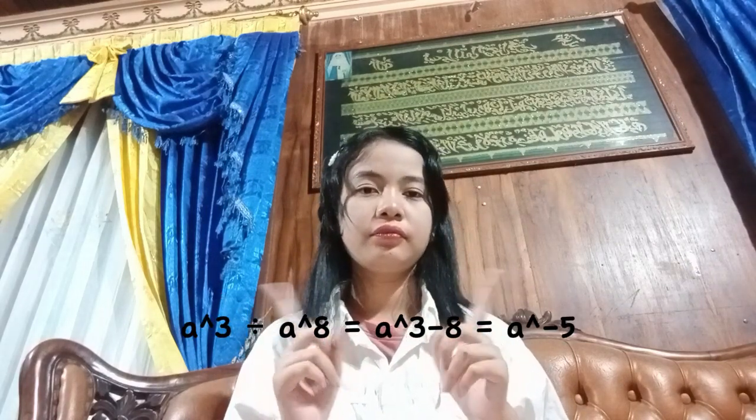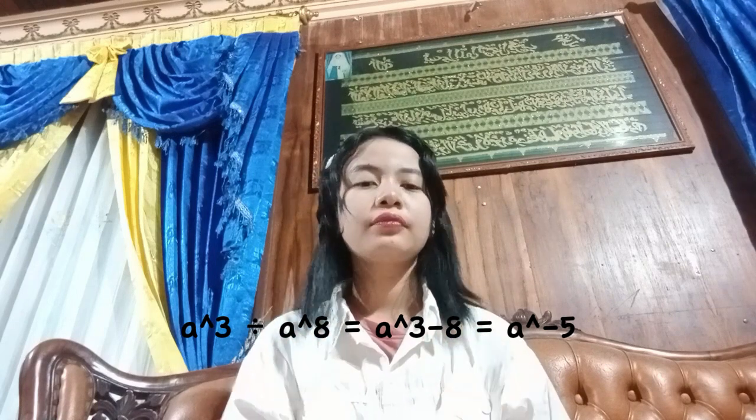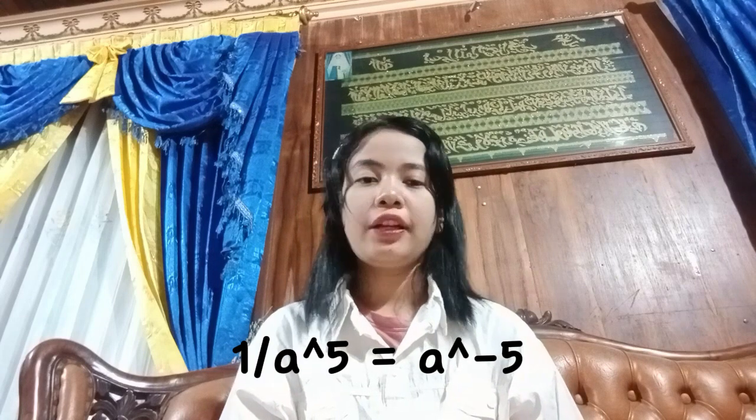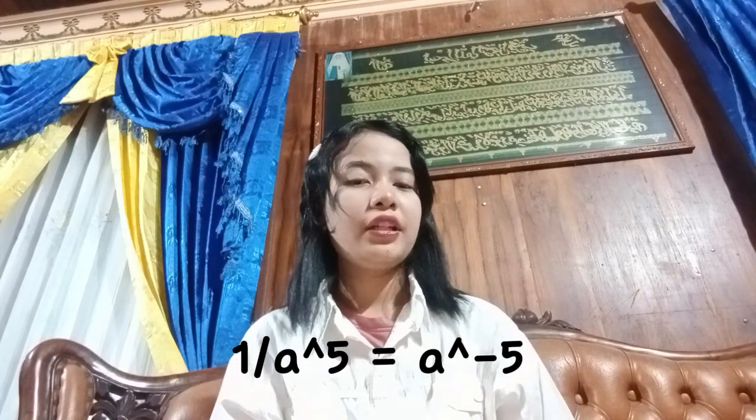And now let's use our third rule and do the same calculation by subtracting the indices. So 1 divided by a to the index 5 equals a to the index minus 5. So a negative sign in the index can be thought of as meaning 1 over. And there is the key point.